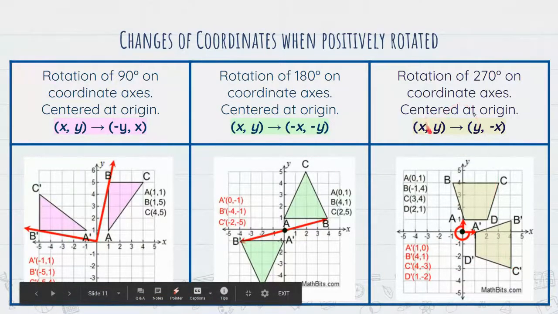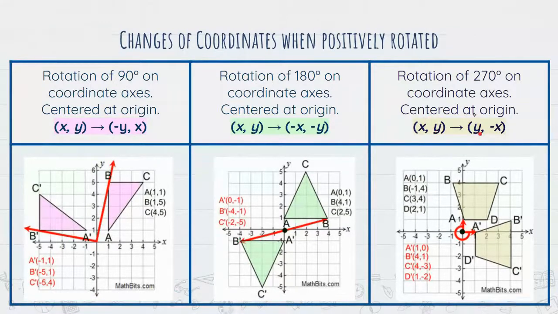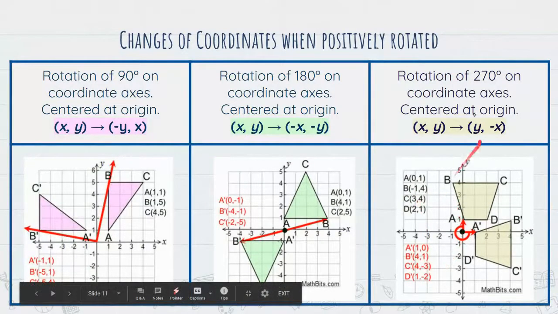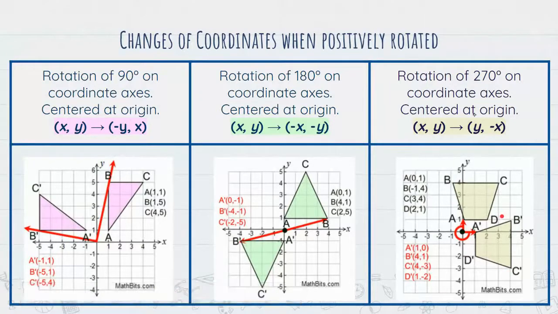Okay. My y coordinate now becomes my x coordinate, and it remains the same sign. So my y coordinate was 4, so I should expect it to be positive 4 in my image, and it is.